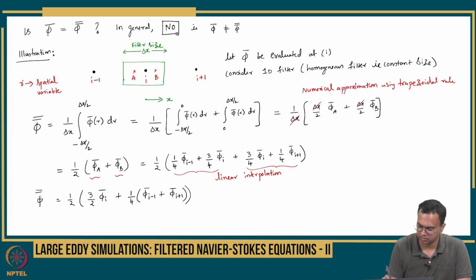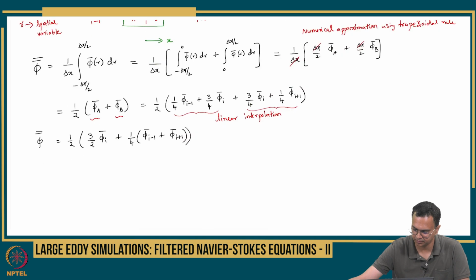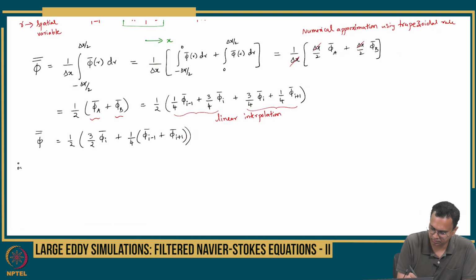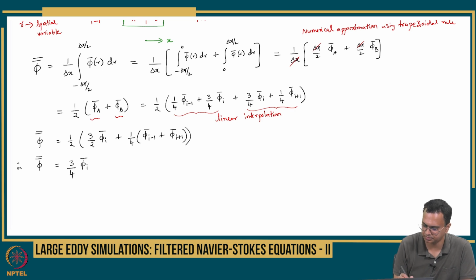Therefore phi double bar comes out to be 3/4 phi I bar plus 1/8 of phi I minus 1 bar plus phi I plus 1 bar.